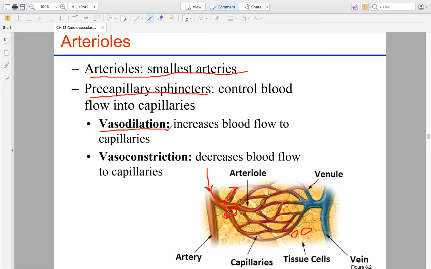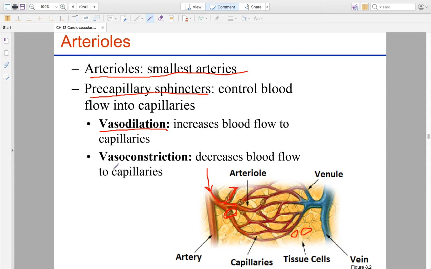It gets wider. And if you increase the diameter of a hose, for example, the water is going to flow at a greater velocity, right? So same thing here. Vasodilation will increase blood flow to the capillaries.